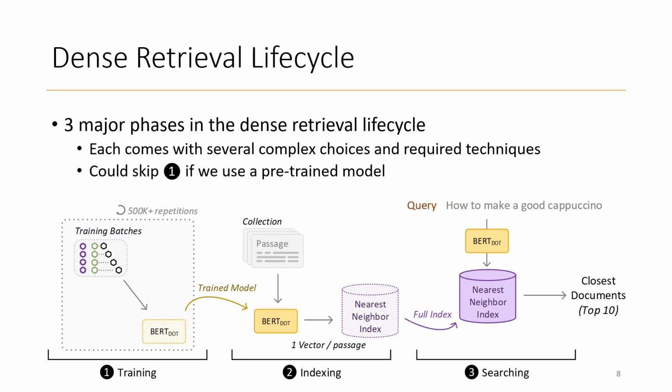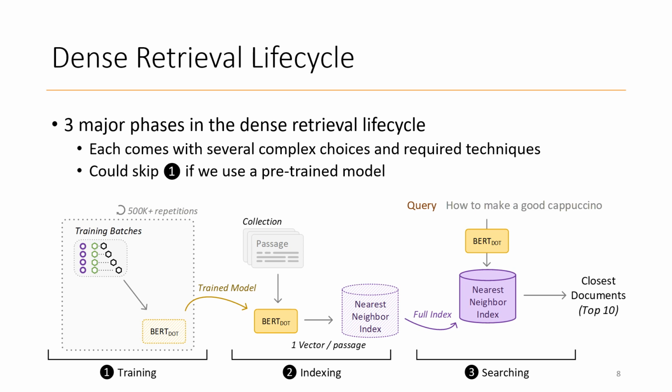So now a user gives us a query with a sequence of words, and those sequence of words are also encoded with our dense retrieval model to, similar to the passages, get a single vector per query.